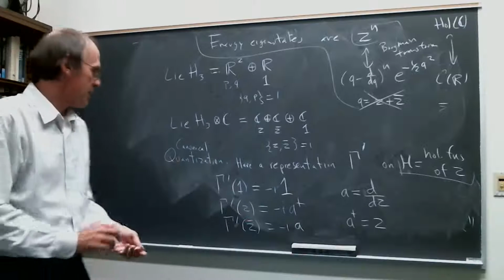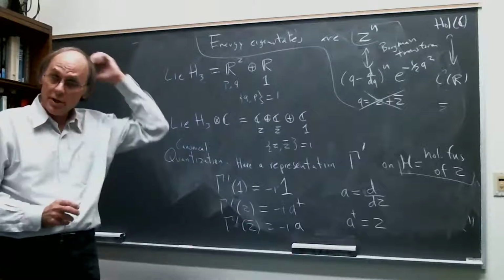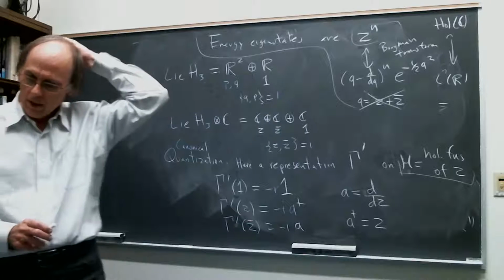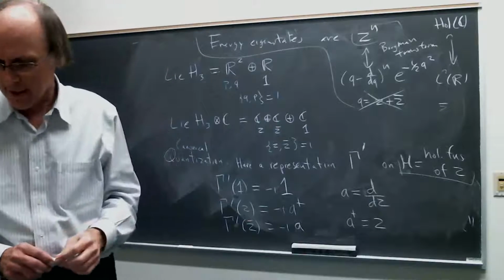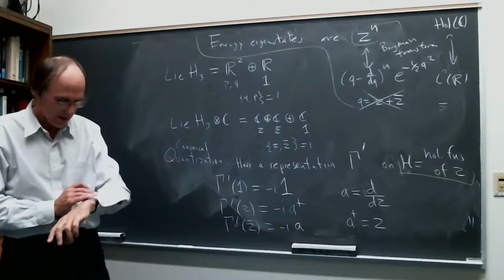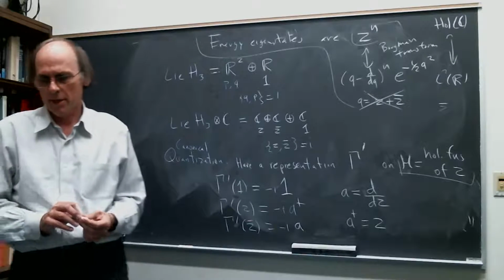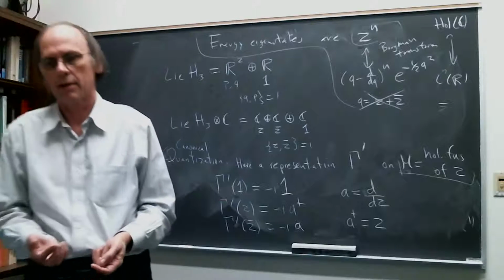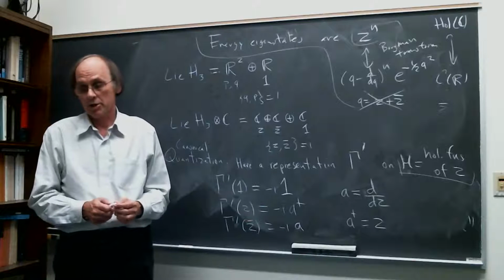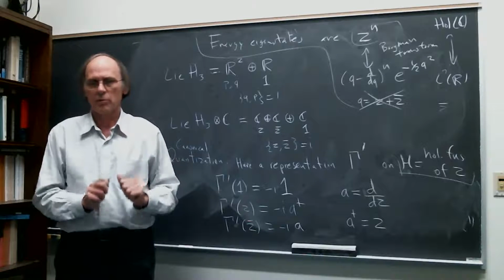Okay. So that's this. Now, there are these things called coherent states that I wanted to talk about, and there's a standard discussion of these in the physics literature. They're quite beautiful objects.